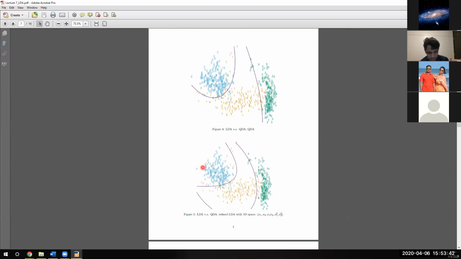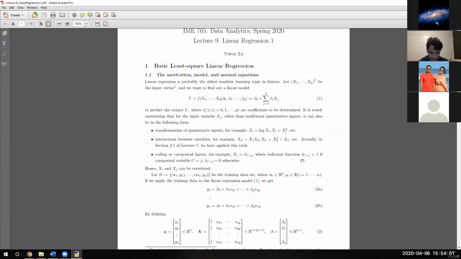So here, X3 is related with X1 and X2, X4 is related with X1, and X5 is related with X2. So in this kind of case, I code the X, so of course they must be related.